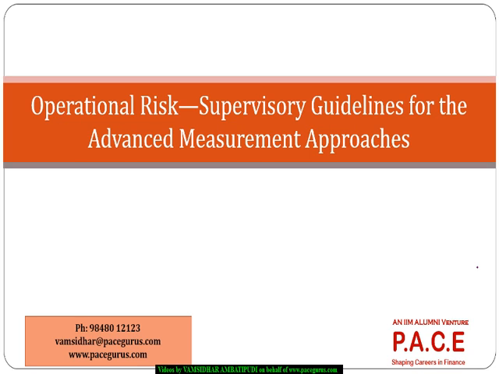In this session, I'm going to talk about the supervisory guidelines, especially for the advanced measurement approach for operational risk. We know that the advanced measurement approach is a kind of flexibility that banks and financial institutions have with respect to measuring the frequency and severity of their losses.